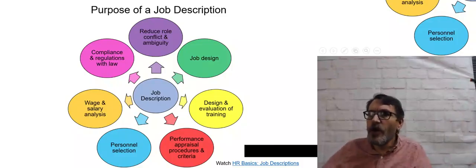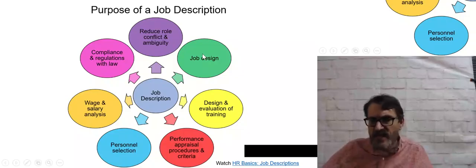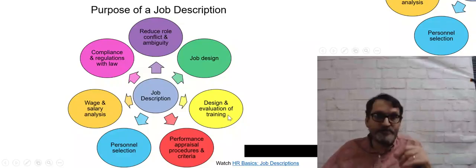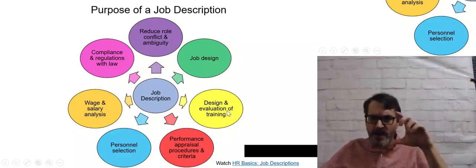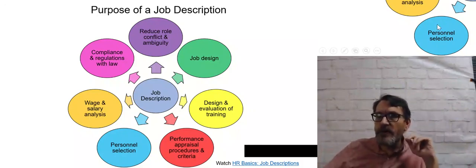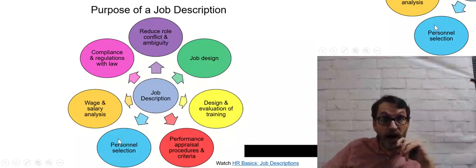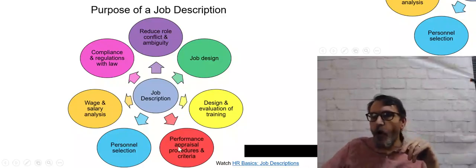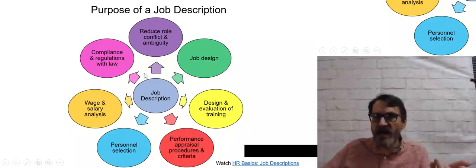Job design, I'll talk about on the next slide. Training, of course, is designed around effective performance in the job. We're going to talk about personnel selection: who should we hire? So all the different aspects of the HR side hinge on this.